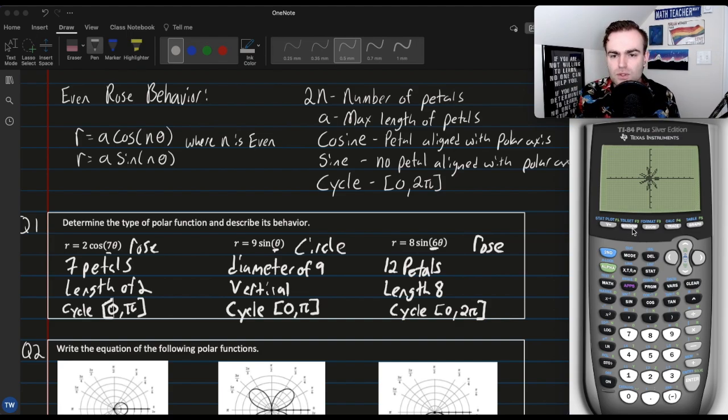So let's go to format. So we're going to do second format. Let's turn the axes off. And if we count them now, 1, 2, 3, 4, 5, 6, 7. So that's good.